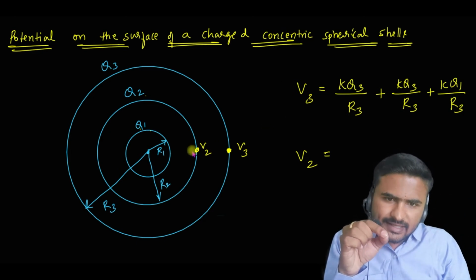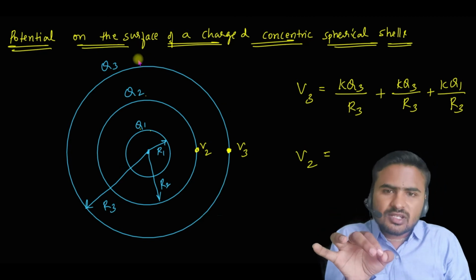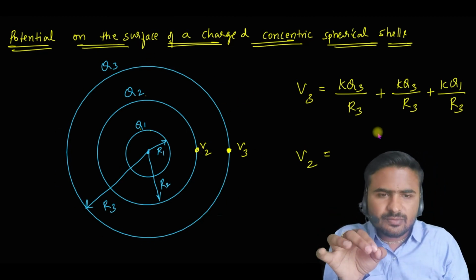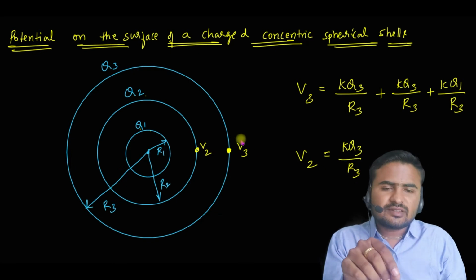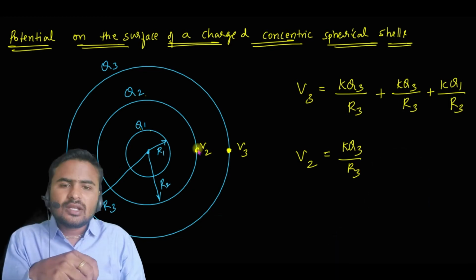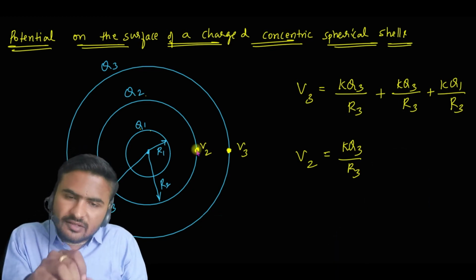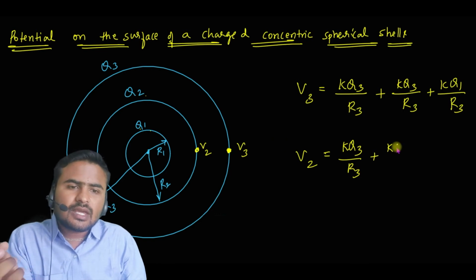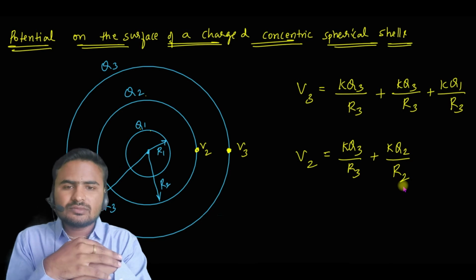So on the surface of the second sphere, the potential due to the charge on the third sphere is kq3 by r3 itself. Again, the potential due to the second sphere on its own surface will be kq2, the charge on the second sphere, divided by its radius r2, right?